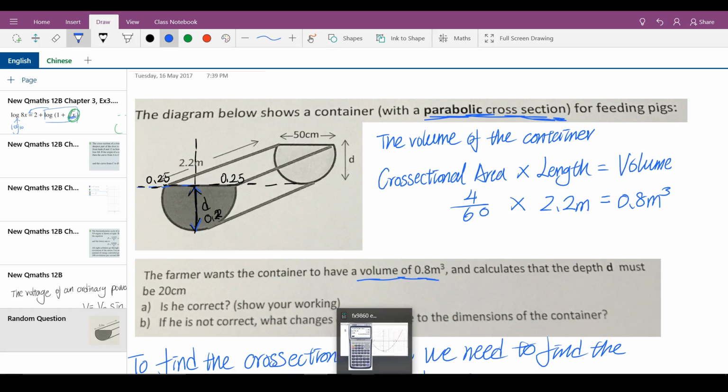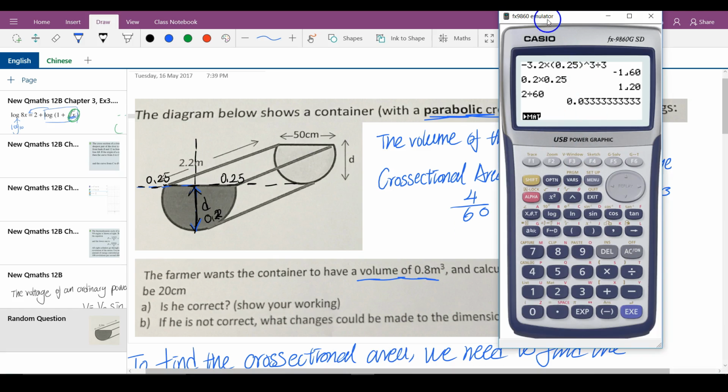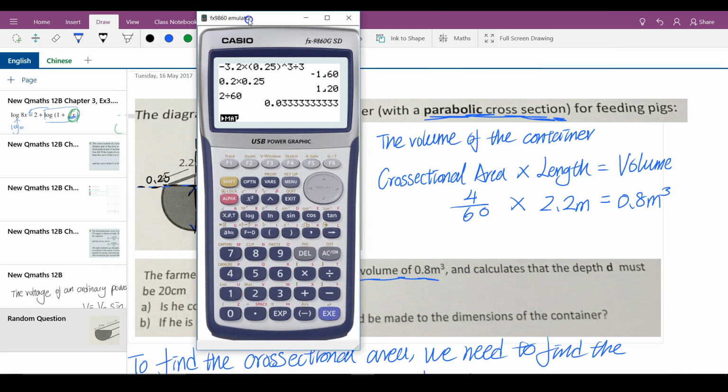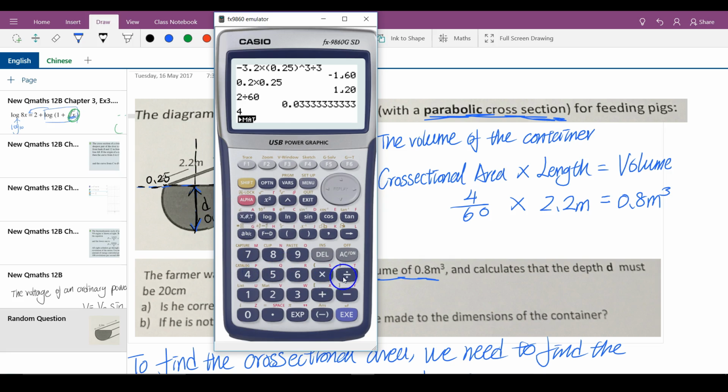Let's put it here. So 4 divided by 60, or 4 over 60 times 2.2.